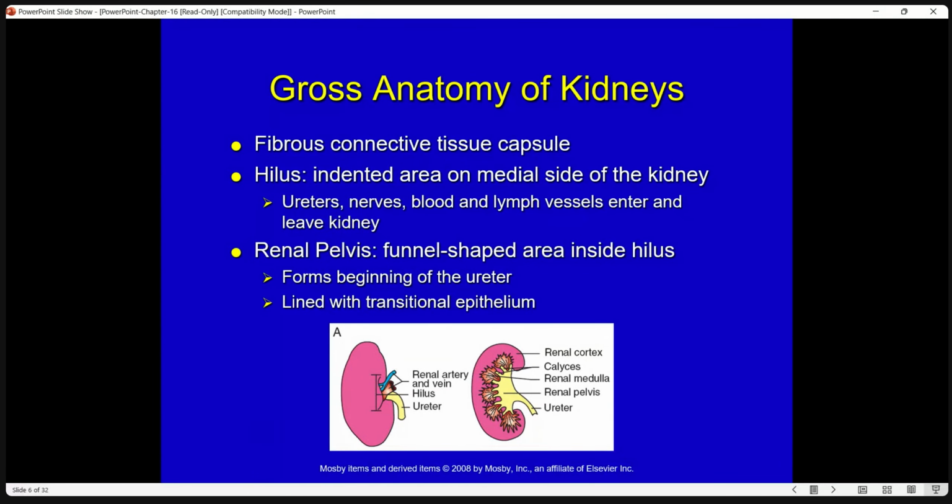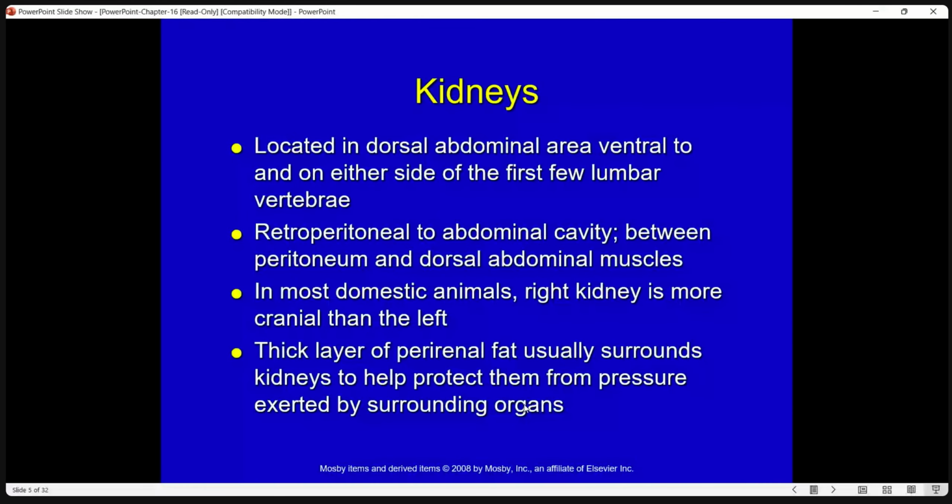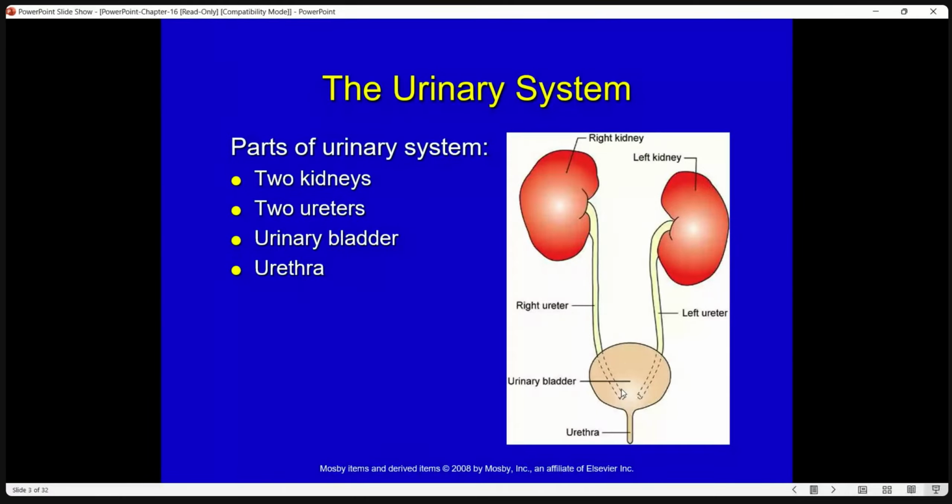And the renal vein removes blood from the kidneys back to the heart. And so it is this blood that is purified. It is this blood that goes through a process of ultrafiltration. And hence, there is a ureter down here, which takes the waste to the urinary bladder.